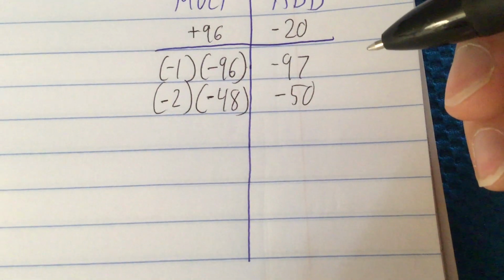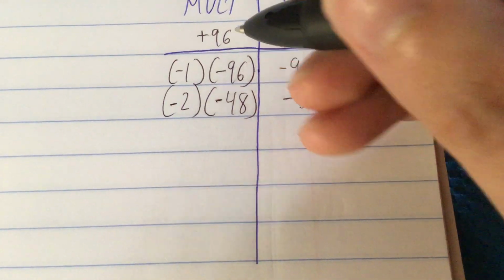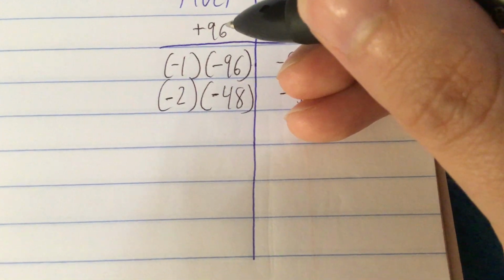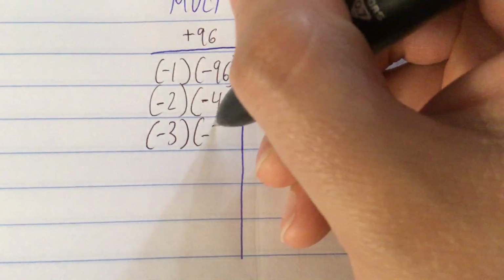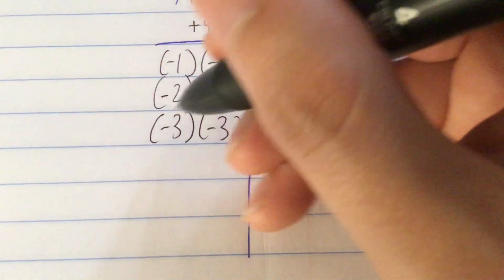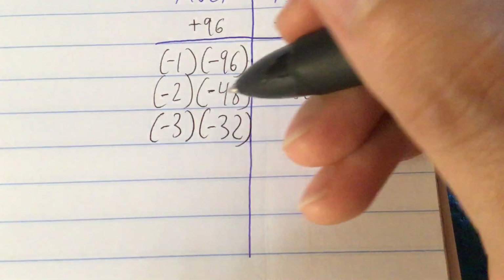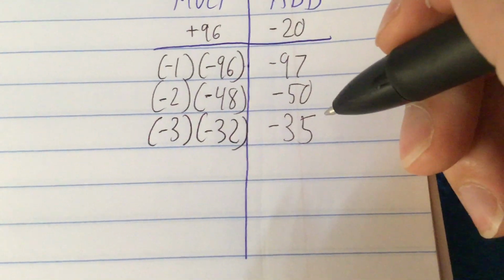Well, can I divide by 3? I believe so. If I do this in my head, 3 times 33 is 99. So negative 3 times negative 32 would be positive 96. If we add these together, negative 3 plus negative 32, we get negative 35. We're still getting closer.